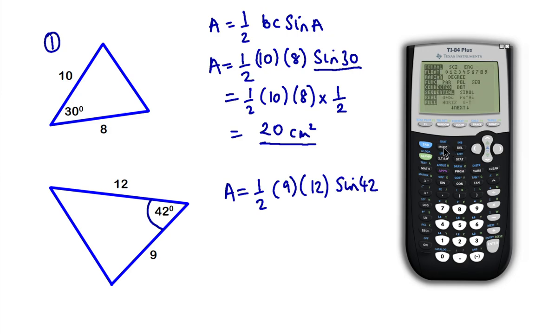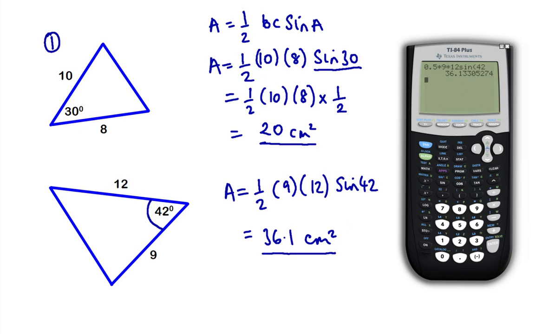Make sure the calculator is set for degrees, obviously. Okay, so it's 36.1 centimetres squared if it was in centimetres.